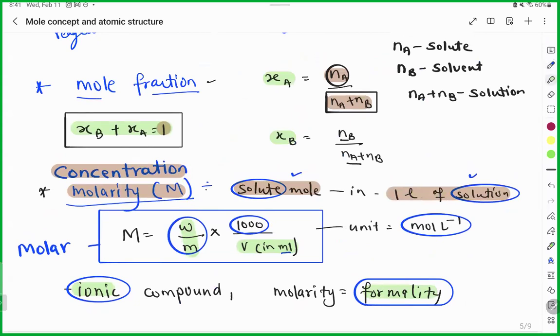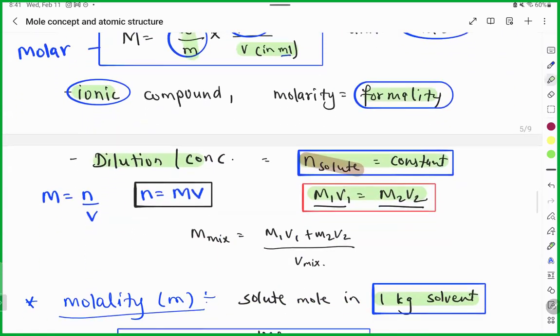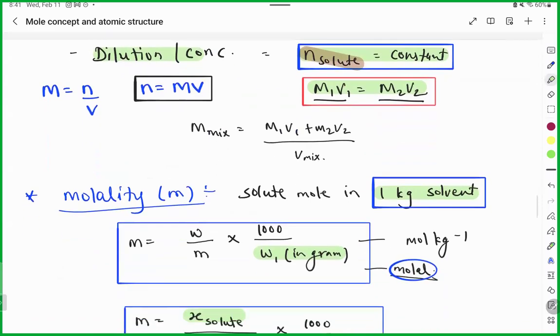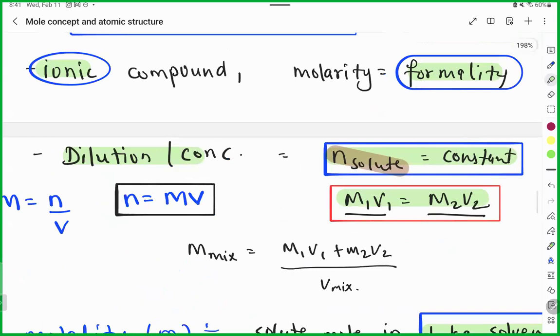Okay. Mole fraction you already know: given mole by total mole. Molarity is moles of the solute divided by volume of the solution. This concept is extremely important because I know where you might face issues in it.